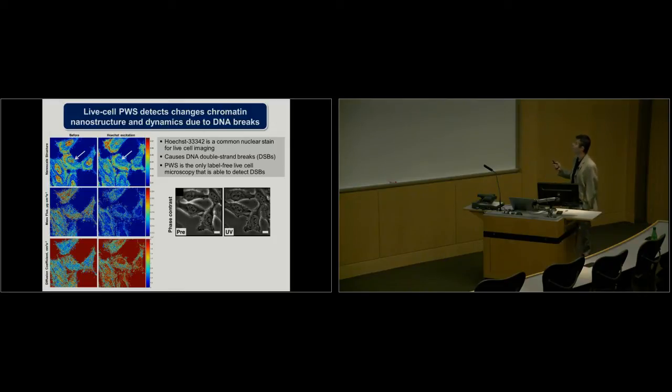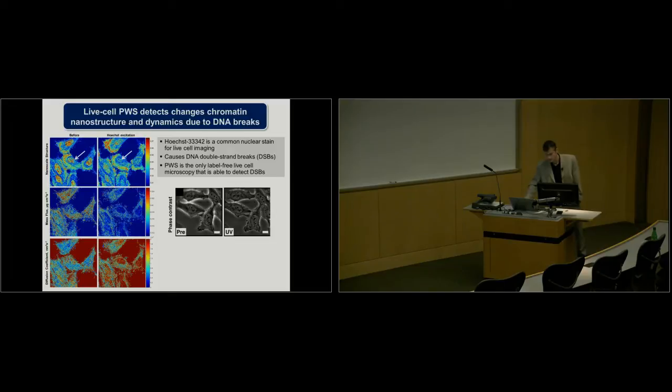So phase contrast says that nothing really happens to the cells, which is why this dye has been so frequently used for live cell imaging. At the same time, if you look at the cell nuclei here, before and after Hoechst activation, so this is without dye, this is dye and activation, you could see how dramatically nuclear structure actually changes.